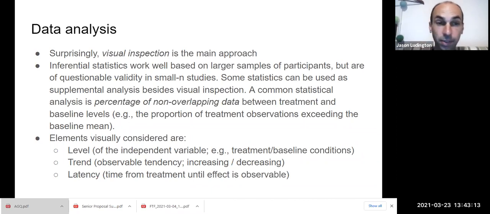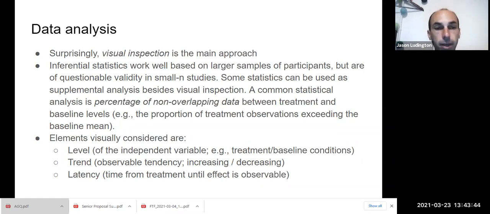So yeah, that's how we make our statistical inferential conclusions when we run and look at the data. So this is our data analysis in the case of single subject studies with reversal designs especially. Elements visually considered are level, trend, and latency.